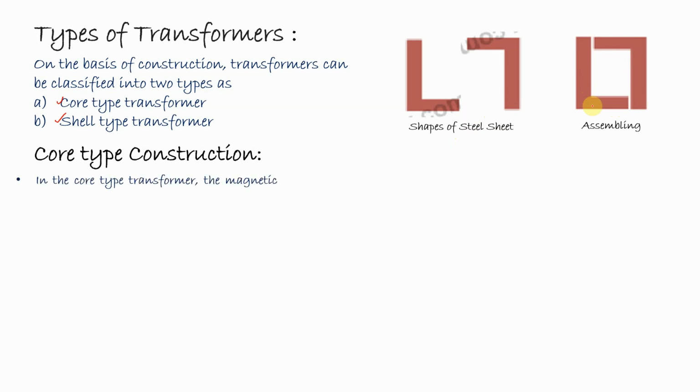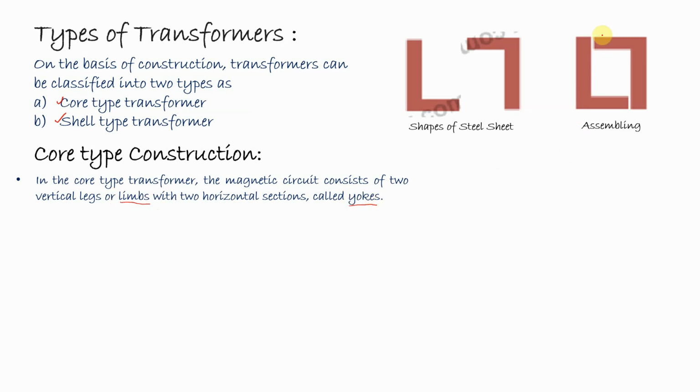In a core type transformer, the magnetic circuit consists of two vertical legs, which are also called limbs, and two horizontal sections, which are also called yokes.